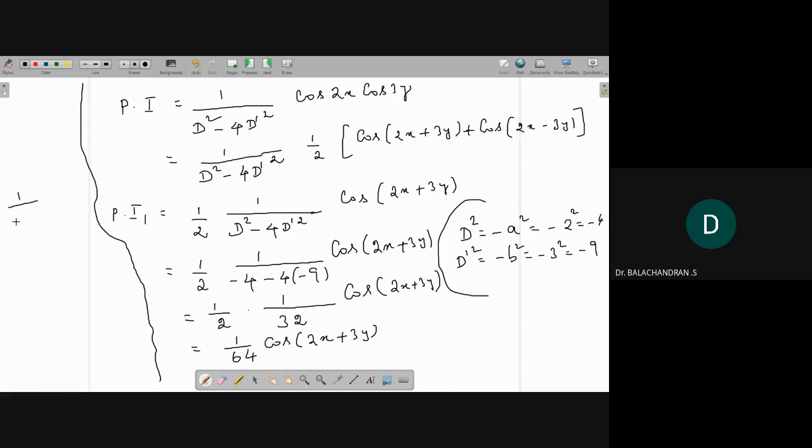D square by minus 2 square, minus 4 into D dash square. D dash square is minus, okay, there is one more minus. Minus 4 into minus 3 square, into cos 2x into cos 3y.